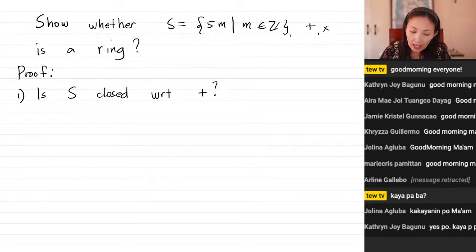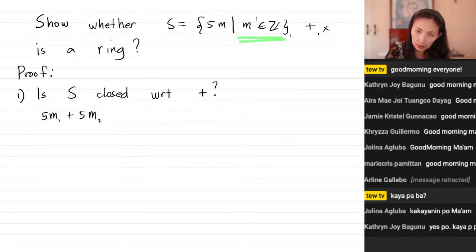But in general, how do we prove that? Let's say 5m sub 1 be the first element of S plus 5m sub 2, where m is an element of Z, as clear in the definition.